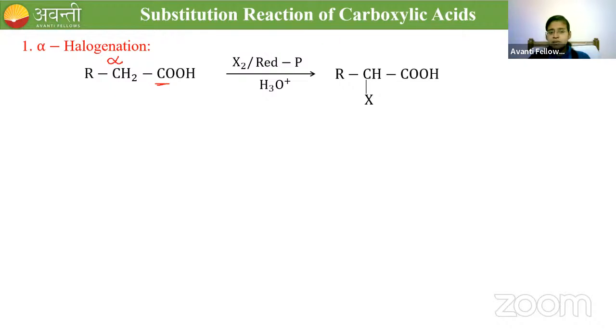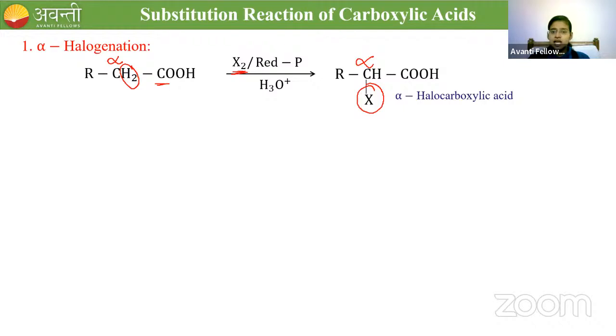This alpha carbon has 2 alpha hydrogens. One of the hydrogens gets replaced by the halogen, so it is called alpha halogenation. The name of the product is alpha halo carboxylic acid.